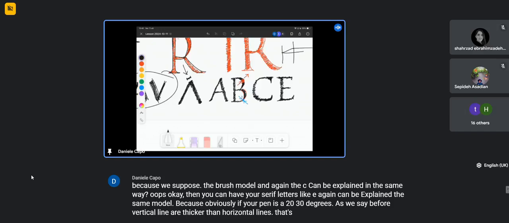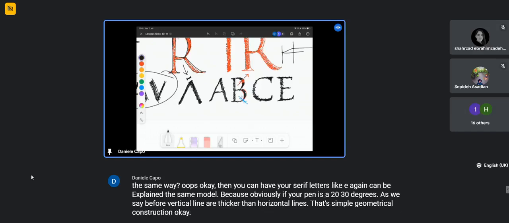That's a simple geometrical construction. Okay.